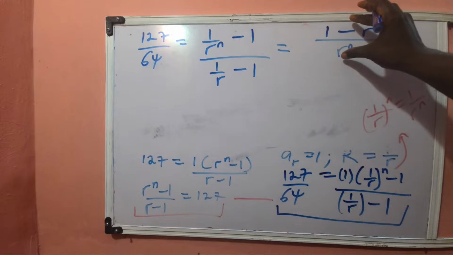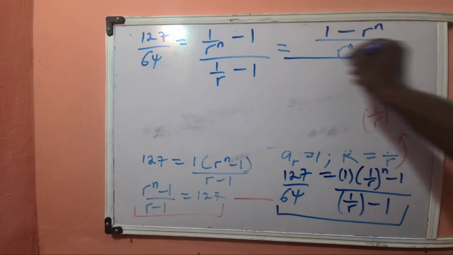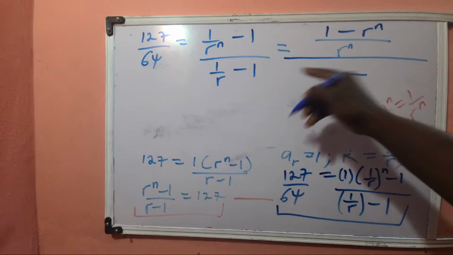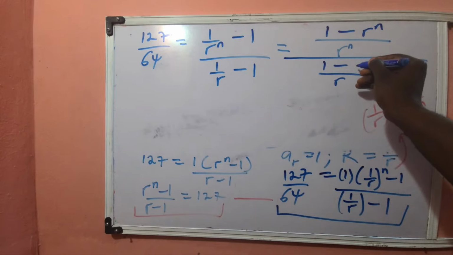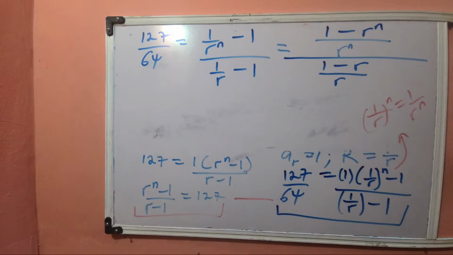Now, this is for the top. Now, we have another one under which we can also find the LCM as r. R goes in r, we'll be left with 1 minus r. All right. So I'm sure you all agree with what we're doing.